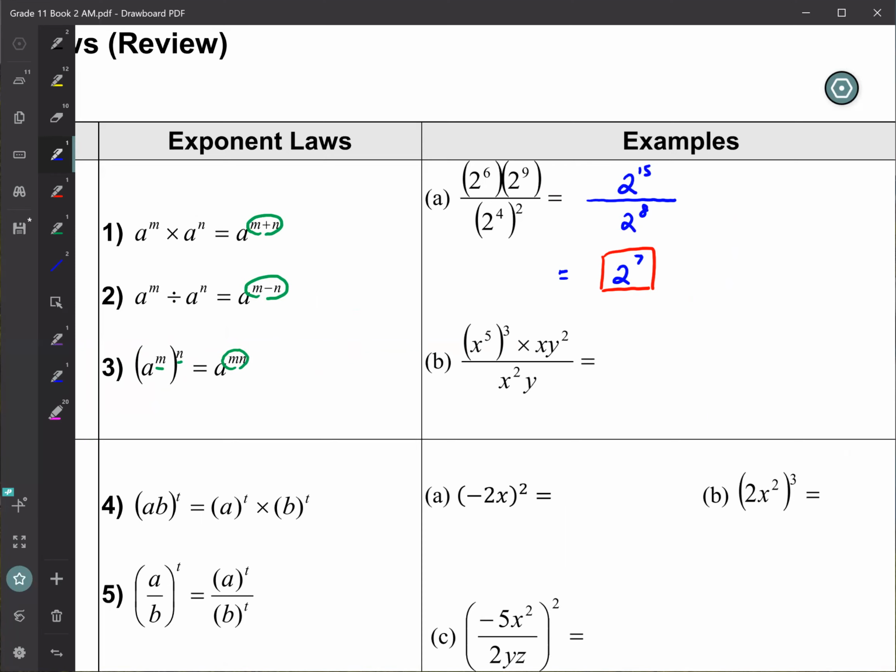Are we done? Almost. Does anyone have questions about B? Is it harder than you thought?